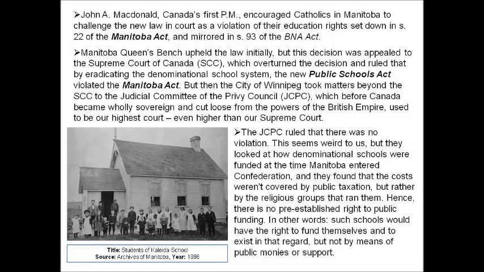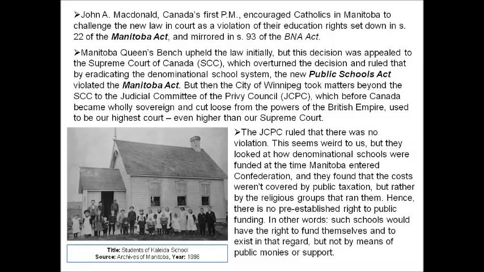But this decision was appealed to the Supreme Court of Canada, or the SCC, which overturned the decision and ruled that by eradicating the denominational school system, the new Public Schools Act violated the Manitoba Act. So the Supreme Court had a serious problem with this. But then the city of Winnipeg took matters beyond the Supreme Court. Back then you could do that because Canada was the Dominion of Canada, and we weren't completely and wholly 100% sovereign.